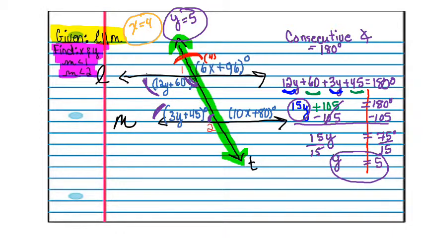So if we put a 4 inside here and take 24 and add it to the 96, we'll see that this obtuse angle here is 120 degrees. And remembering my properties of a linear pair equal 180, we know that angle 1 equals 60 degrees.